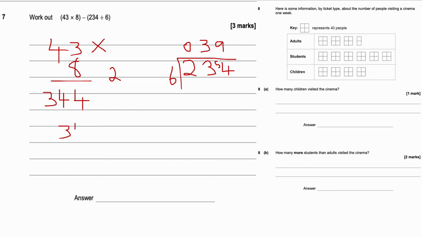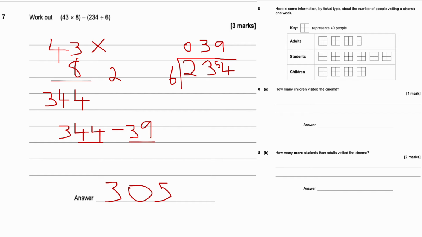So it's 344 take away 39. Keep the hundreds there. 44 take away 39 is 5. So the answer is 305.